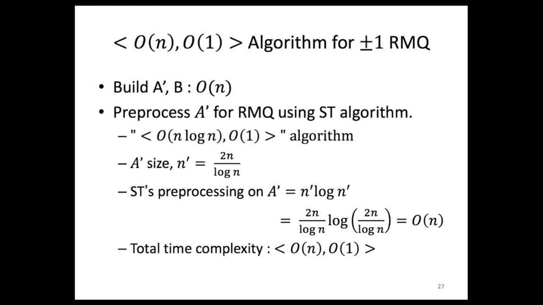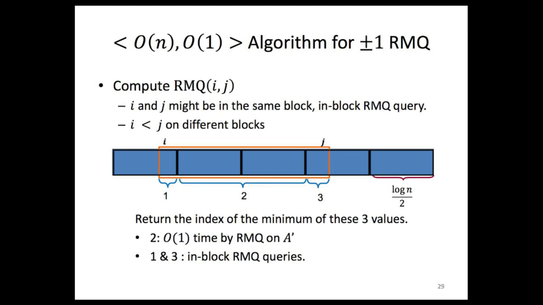So you get that. So now we come to the question of how do I answer a generic RMQ of i to j, wherein i and j can be anywhere in my array. It's not required that it's aligned to some particular block.